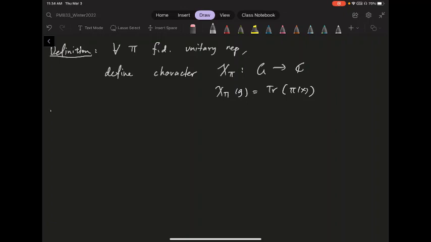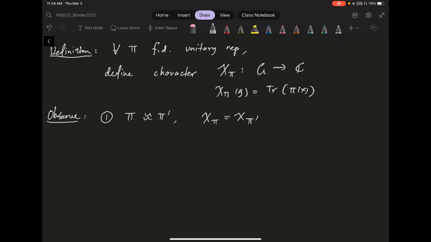So let's observe a few things. First of all, if pi is equivalent to, say, pi prime, if we have two unitarily equivalent representations, then because there is a unitary that transfers from H pi to H pi prime, and when you take the unitary equivalence of two matrices their trace doesn't change, immediately you have chi pi equal to chi pi prime.